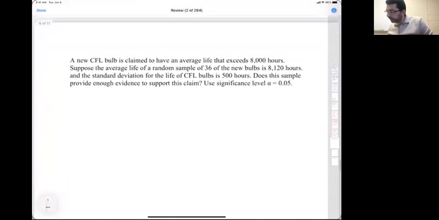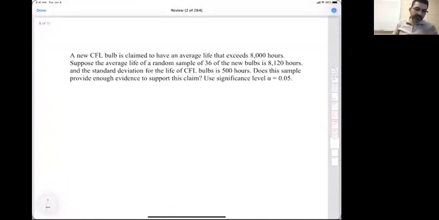So now we will go to the last chapter, about hypothesis testing. For hypothesis testing, if you remember, we have two applications, one for the mean and the other one for the proportion.